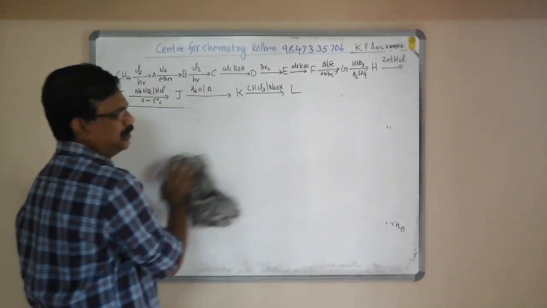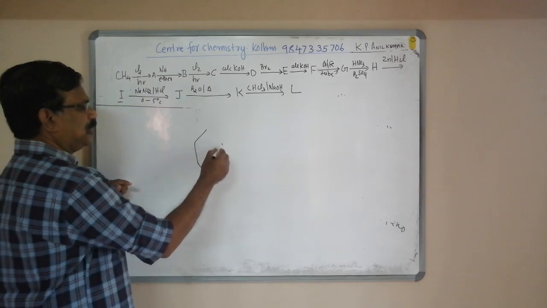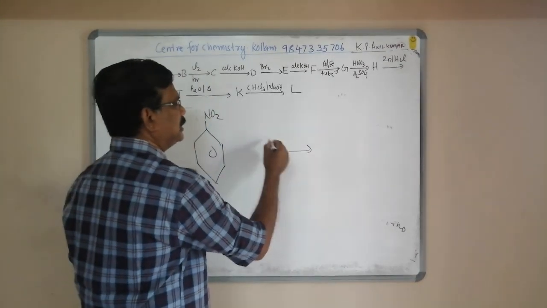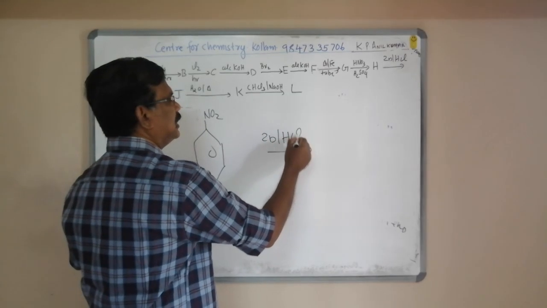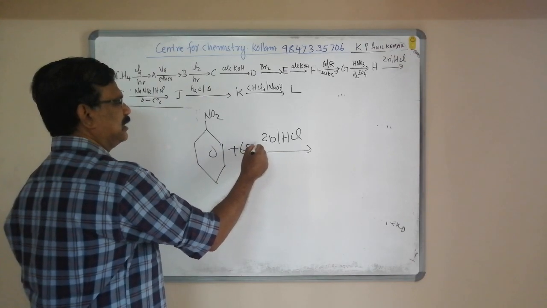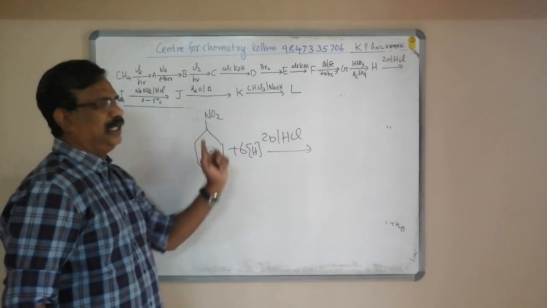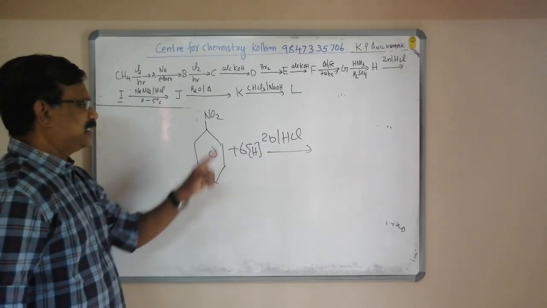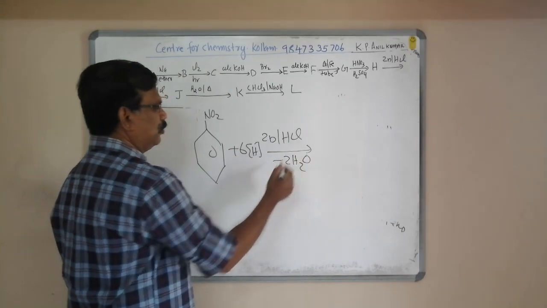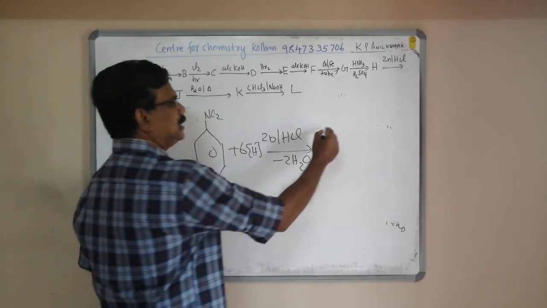So H to I: nitrobenzene on reduction using zinc and HCl. Zinc and HCl is the reducing agent. So 6H or 3H2 from zinc and HCl. Two oxygen atoms are removed as water, so minus 2H2O, and the remaining 2H gives NH2.